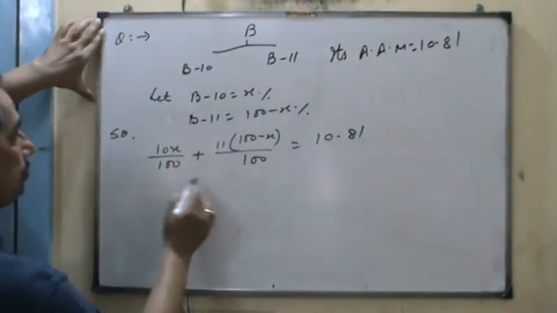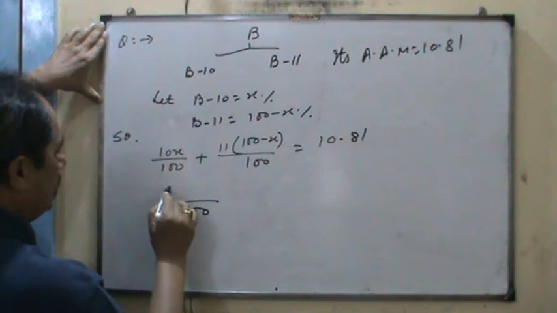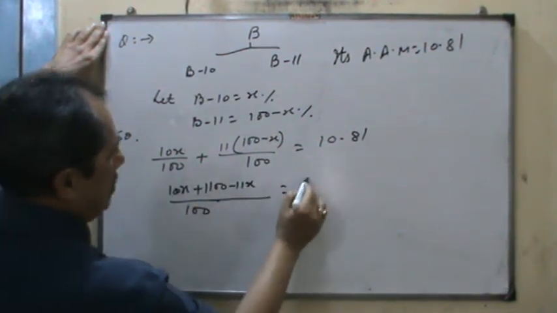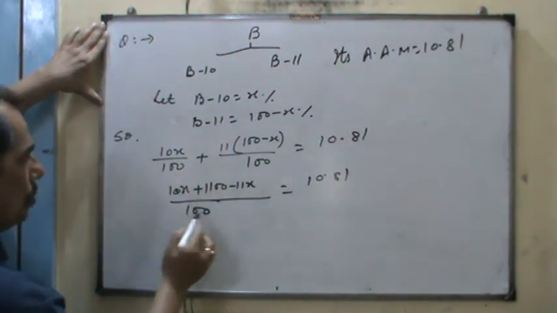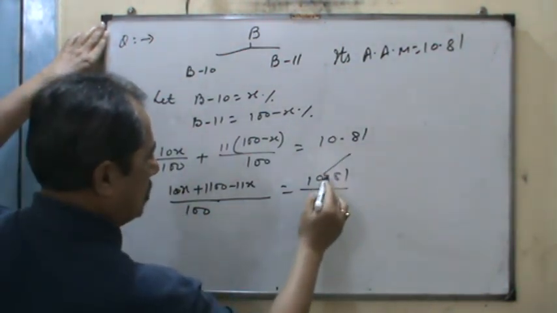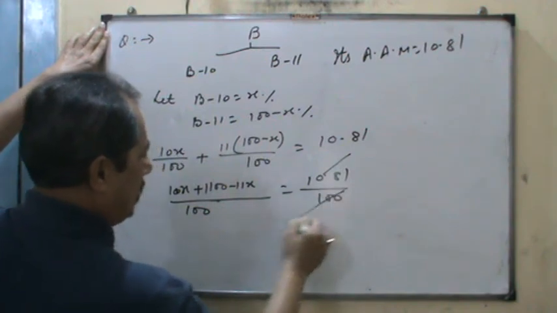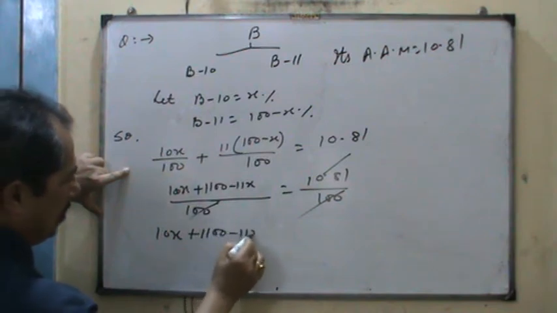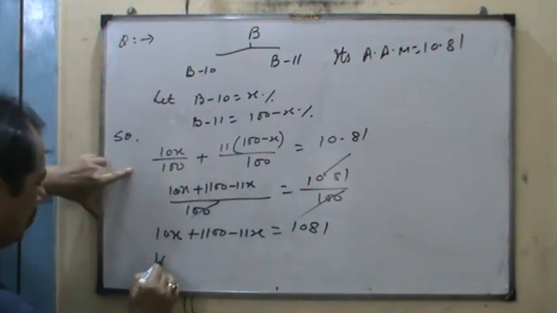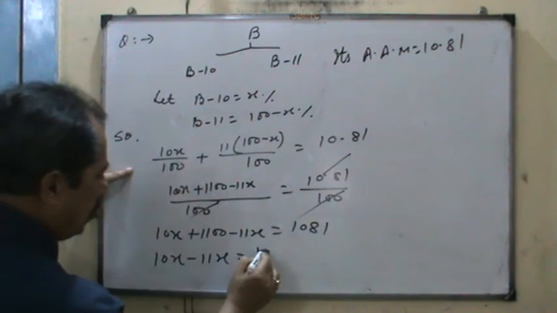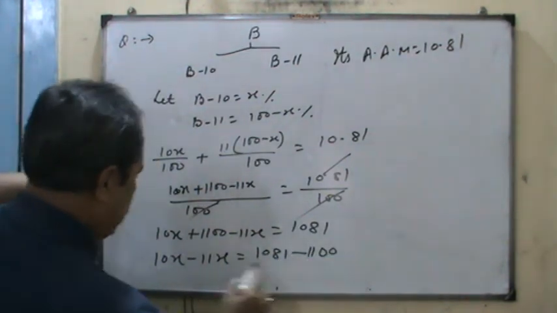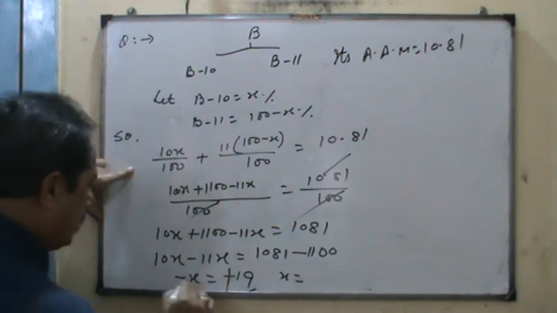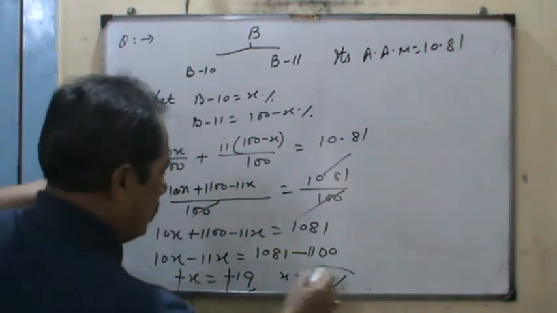So therefore it is the 100 LCM, 10x plus 1100 minus 11x equal to 10.81. So the 100 cancels out. So 10x plus 1100 minus 11x is equal to 1081. 10x minus 11x is equal to 1081 minus 1100, minus x is equal to minus 19. So dear student, x is equal to 19, minus cancelled out.